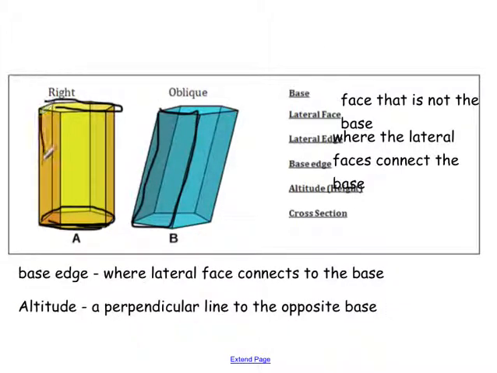If you look here, this line right here is going to be perpendicular to this base and it's going to be perpendicular to this base. Now because this is oblique, because it's being slanted, it's not perpendicular. So what we actually have is an altitude going down this way. That right there is going to be perpendicular to the base. So our altitude is more like that.